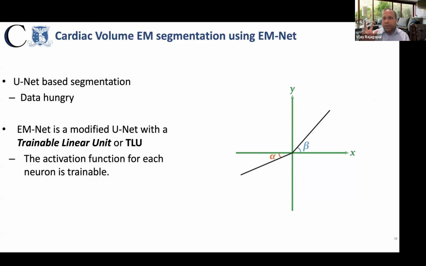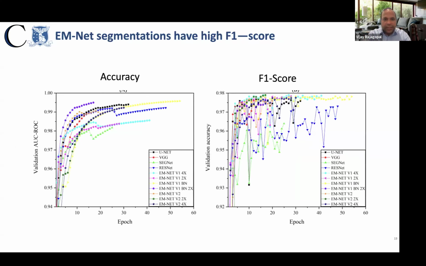So we now call this a trainable linear unit, and that brings about two parameters. What we found is that by just opening up that parameter space, we're now able to train models with fewer data sets. And here are performance metrics, just accuracy and F1 score, with our technique.